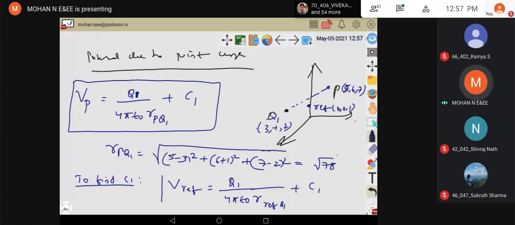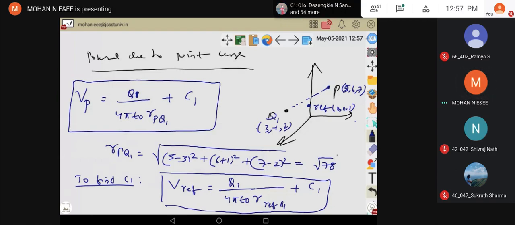So I will just take this equation. I'll leave this slide for a few seconds. Please check if you have any doubts. Okay. I will take this equation onto the next slide.